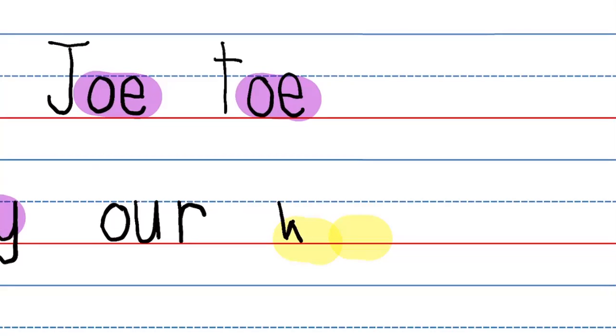My pen's not working well today. So WH usually spells the wh sound, but if it's in front of an O, it spells the h sound. So it's WH to spell the h sound, and the O spells the oo sound, just like in do and to and who.